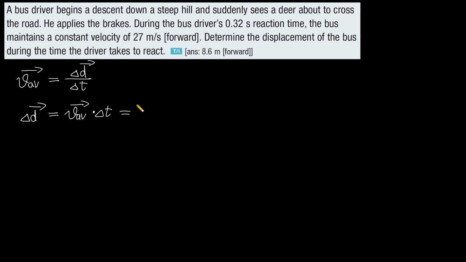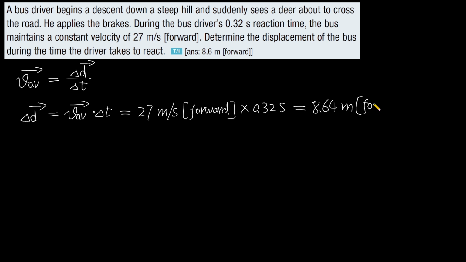So here, the constant velocity is 27 meters per second forward, and the time interval is 0.32 seconds. And this equals 8.64 meters forward. So the displacement of the bus is 8.64 meters forward.